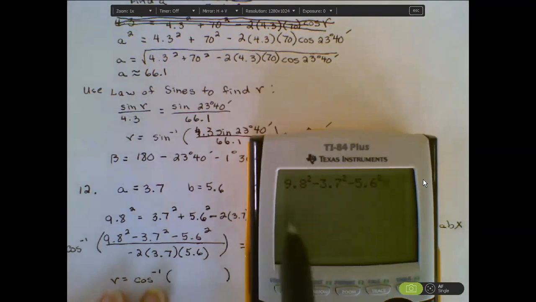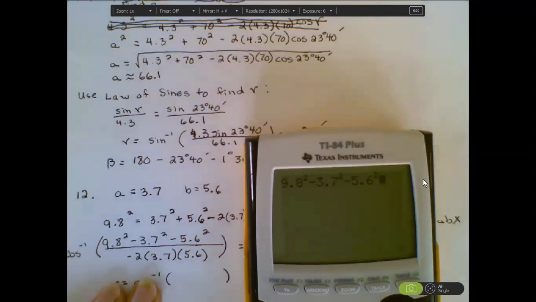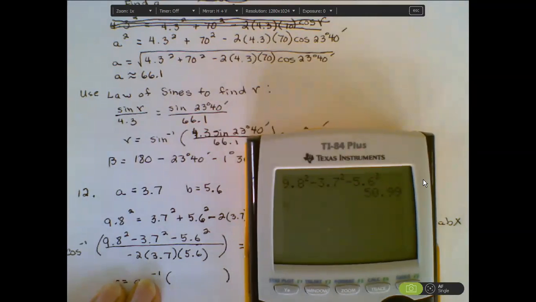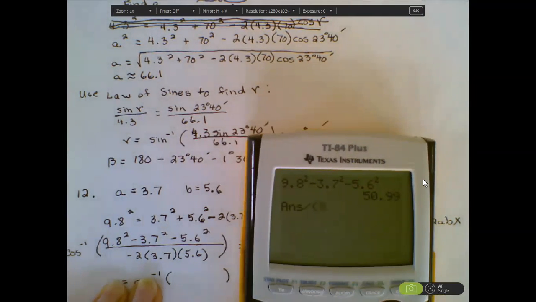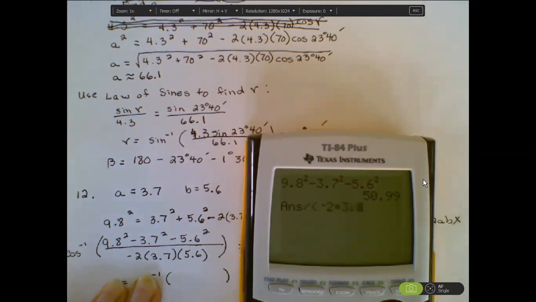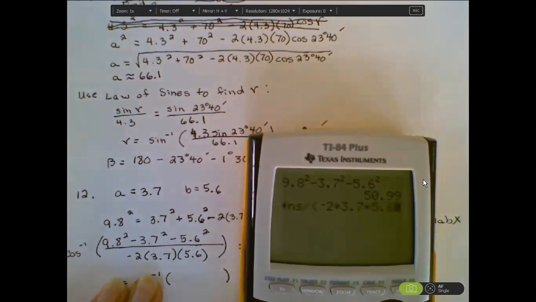If I want the calculator to do that subtraction before it divides, then I have to hit equals to get my numerator. And then divide by, I've got to use parentheses to have all of that in the denominator. Divide by, in parentheses, -2 times 3.7 times 5.6, close parentheses.